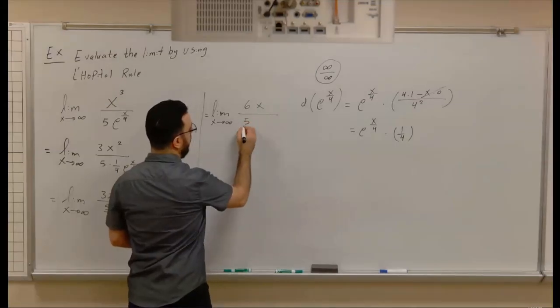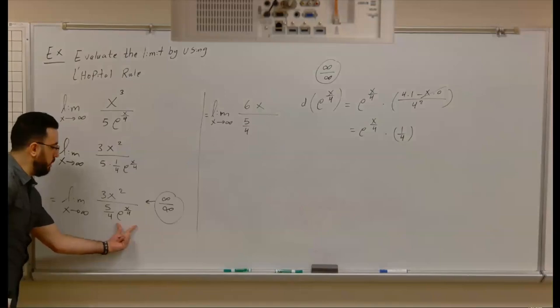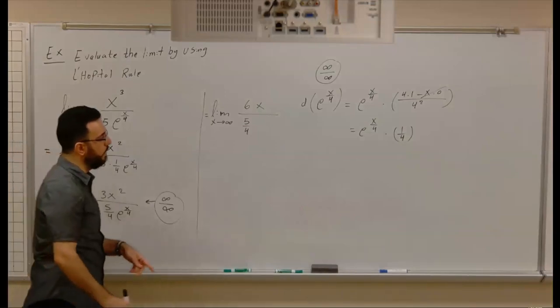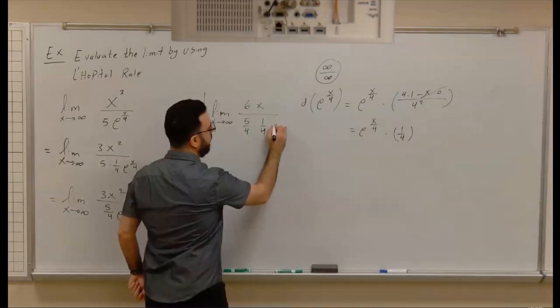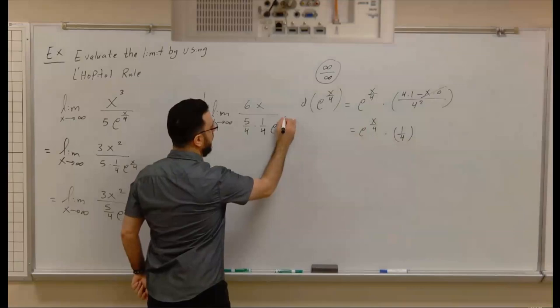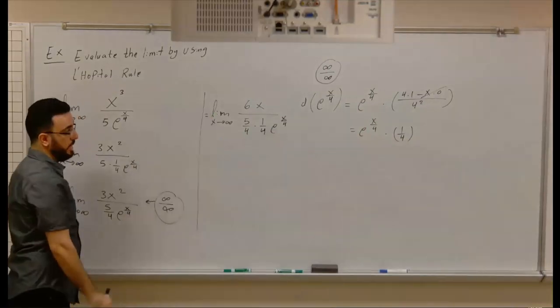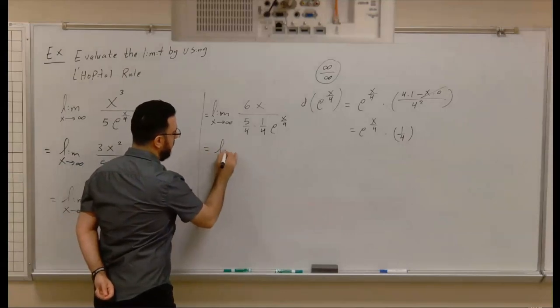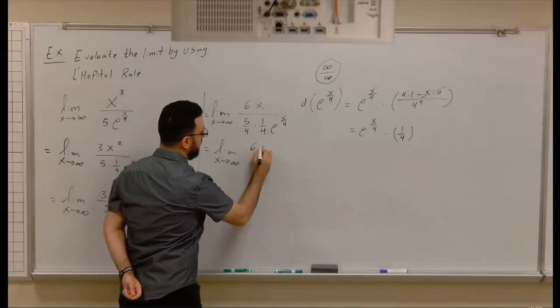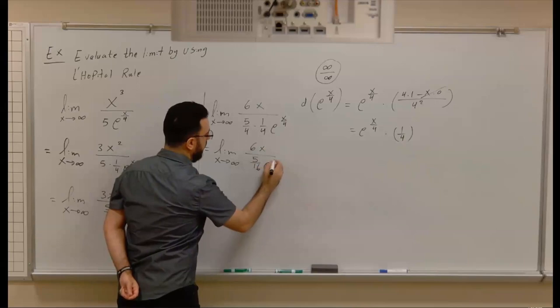If you take the derivative for e to the x over 4, it's the same thing, 1 over 4 e to the x over 4. That means it's going to be times 1 over 4 e to the x over 4. So it's going to be the limit when x approaches infinity of 6x over 5 over 16 e to the x over 4.